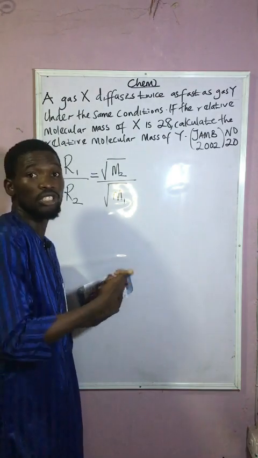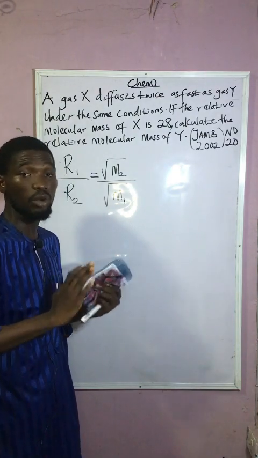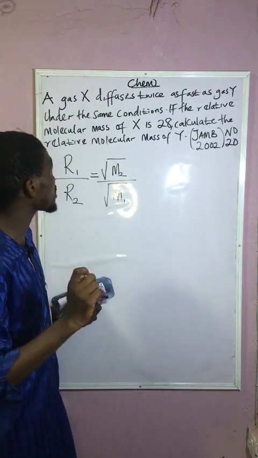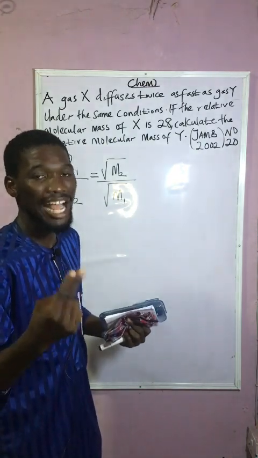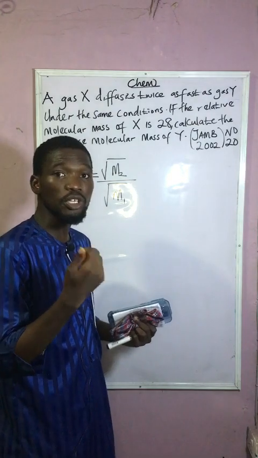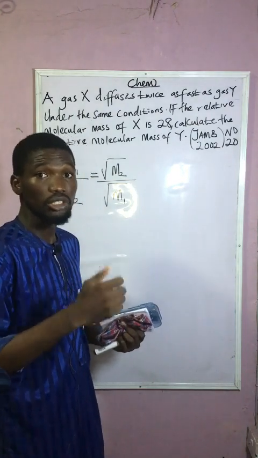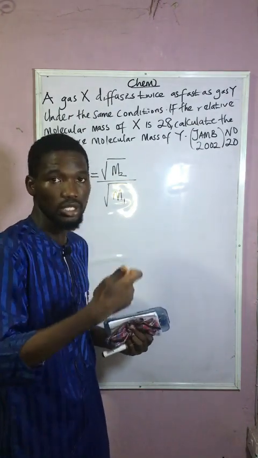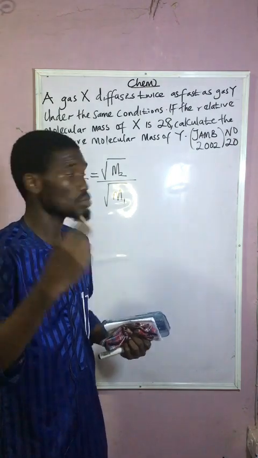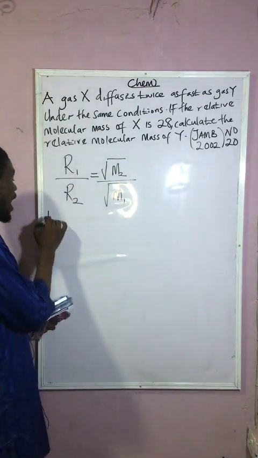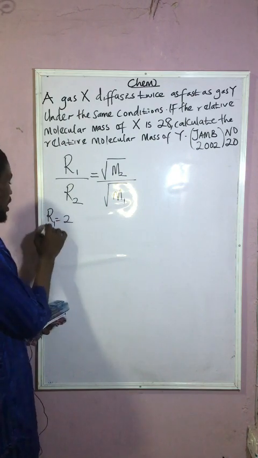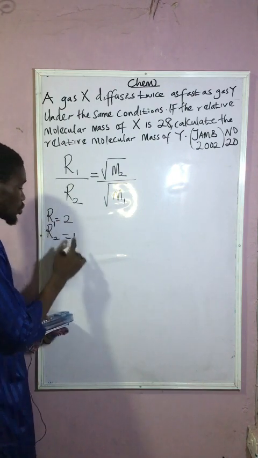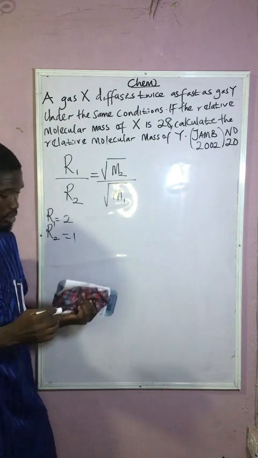So how do you approach this kind of question? It is very simple. What you just need to know is that a gas X diffuses twice; that means double. They can make use of twice or double. So that's 1, 2, because 1 times 2 gives us 2. So our R1 is twice, then our R2 is 1 times 2, which is equivalent to 2.